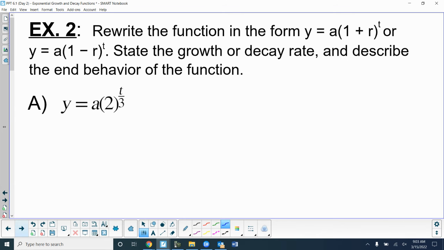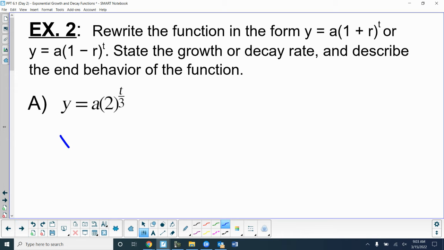Good? All right. It says rewrite the function in the form y equals a times the quantity 1 plus r to the t power, or a times the quantity 1 minus r to the t power. State the growth or decay rate and describe the end behavior of the function. So we got this t over 3.